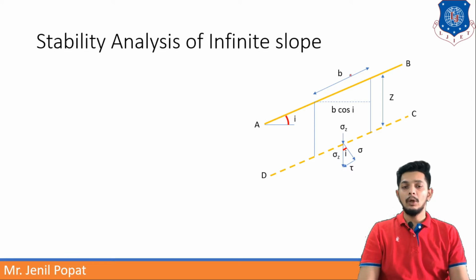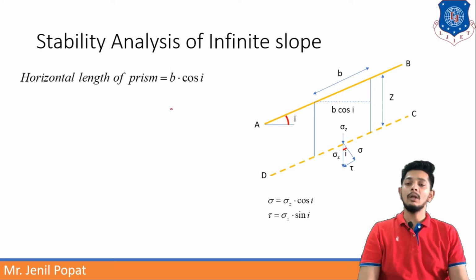If the angle is i, then the horizontal length of the element across the length B will be B cos i. If we assume it as a prism, the horizontal length will be B cos i.